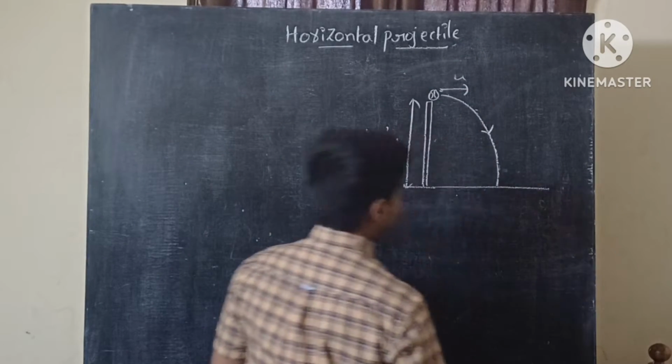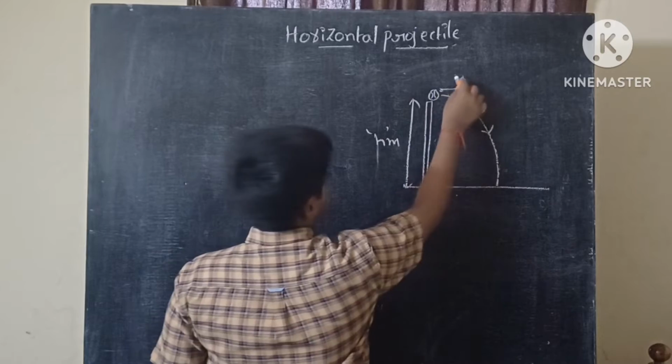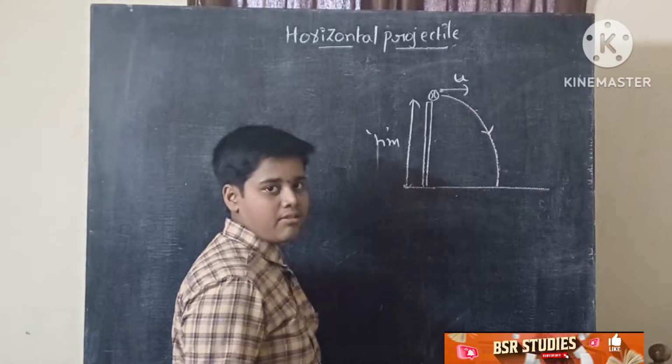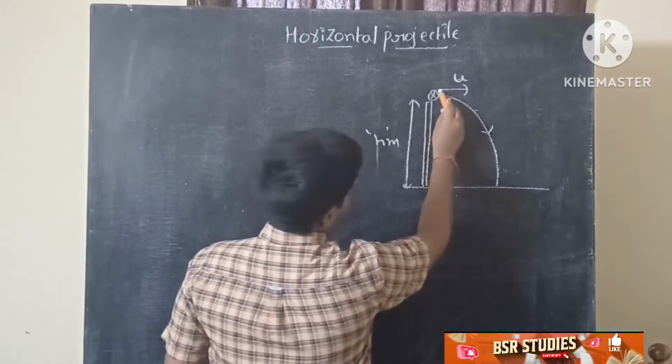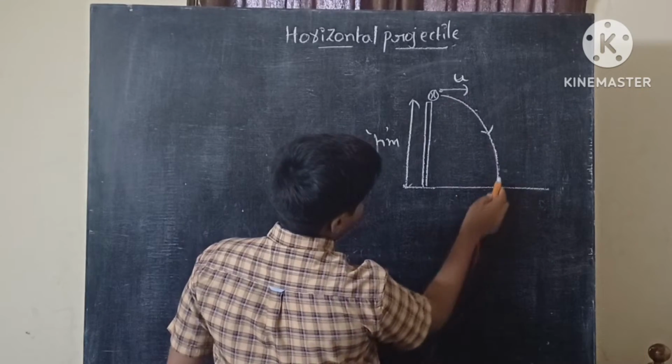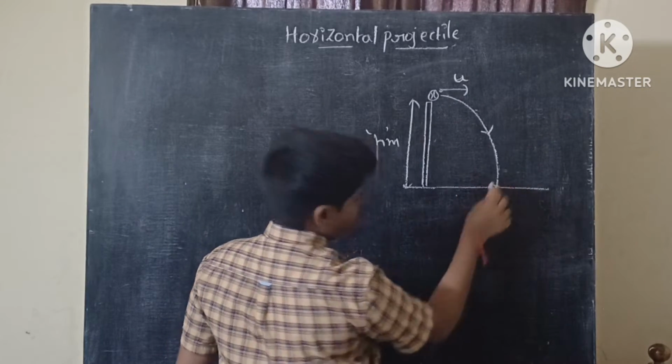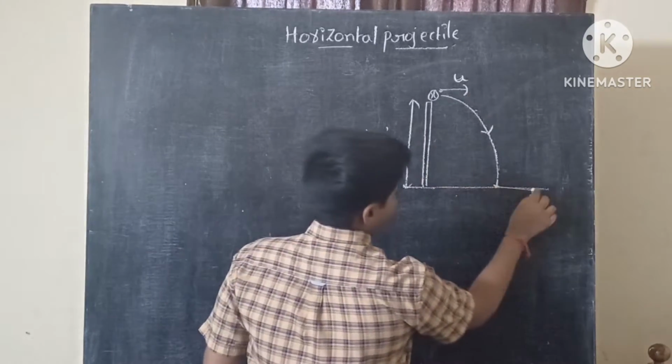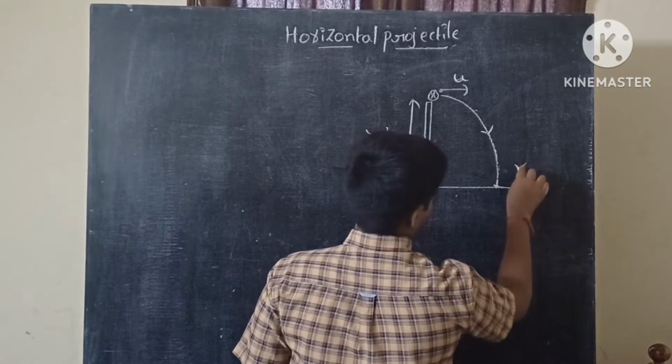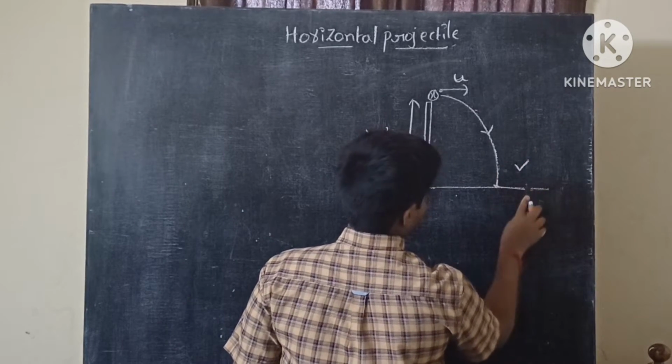So if you see here, a ball travels with some initial velocity u, and continues along a path like this. When it reaches the ground, it travels with a final velocity.